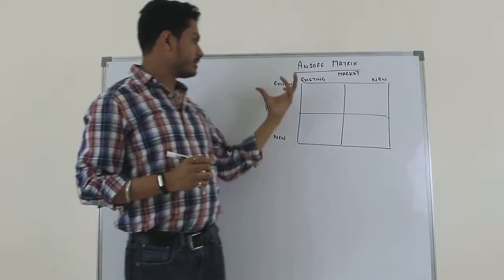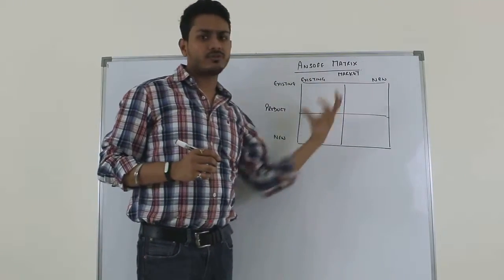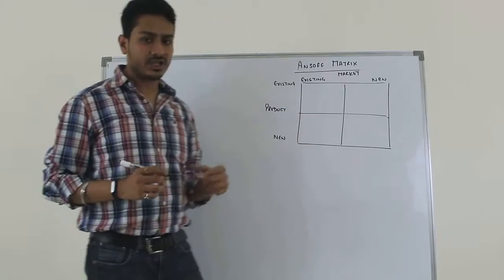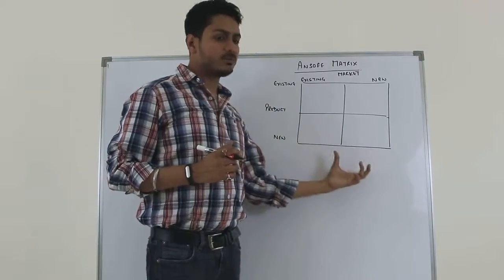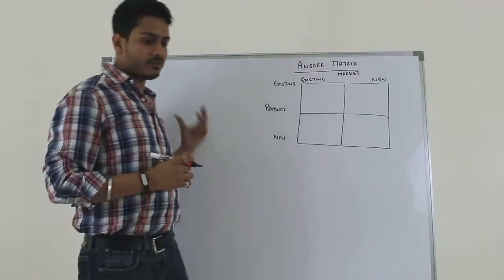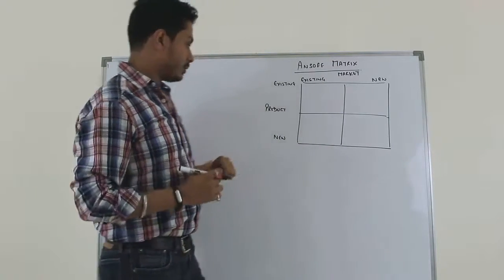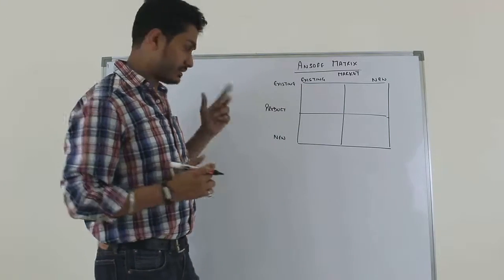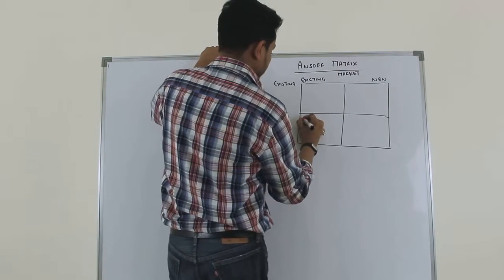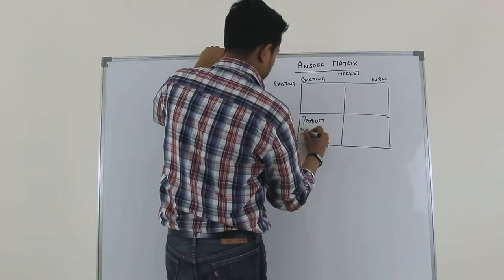Now, basis the combination between market and product, depending on existing or new, we will have four possible options, and I'll first plot these four options for you, then help you understand what it means, and then maybe we'll try and link it back to some of the frameworks that we had earlier looked at. So when you have a new product within an existing market, it is referred to as product development.